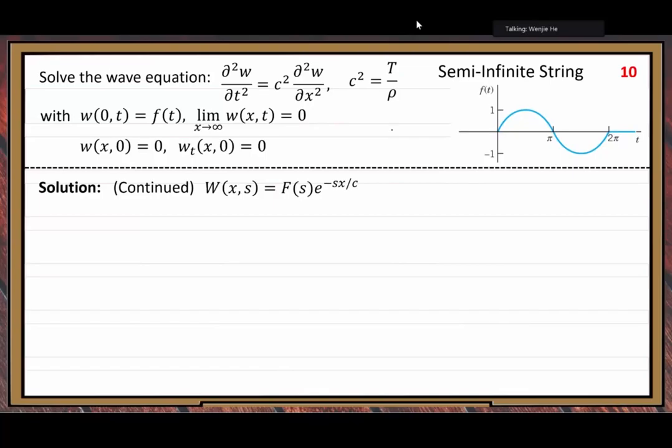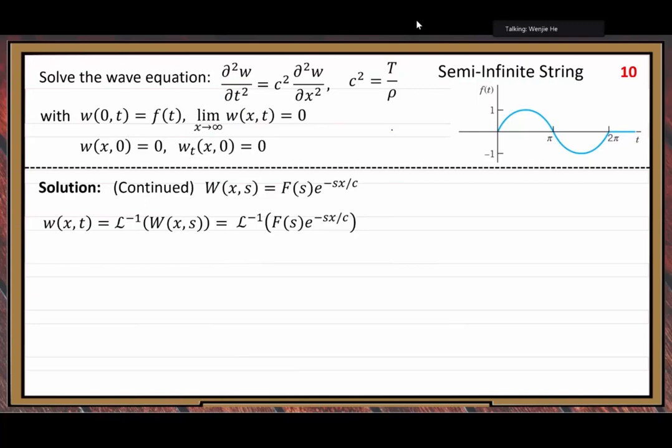Very simple. Now we can do the inverse Laplace transform on s. We treat x as a constant when we do the inverse Laplace transform. So the last step: little w function equals the inverse Laplace transform of this capital W function. Is there a shifting theorem? Look at the form.